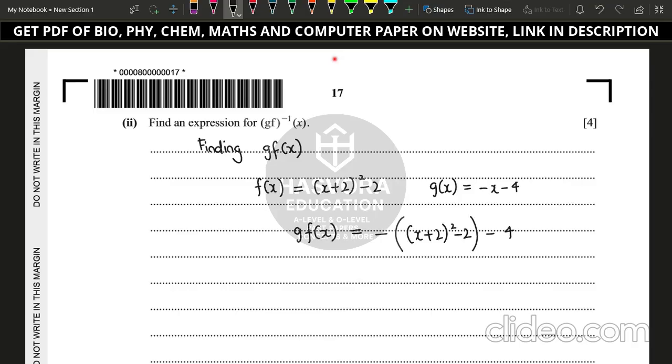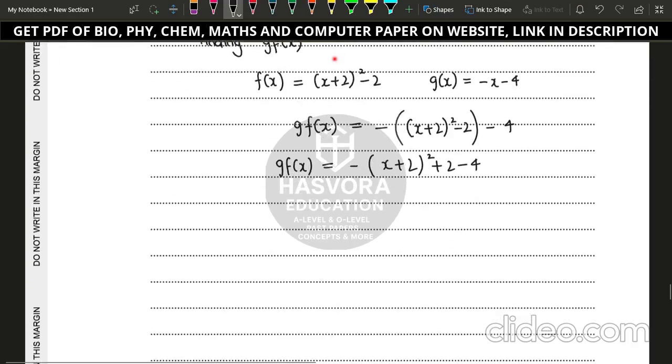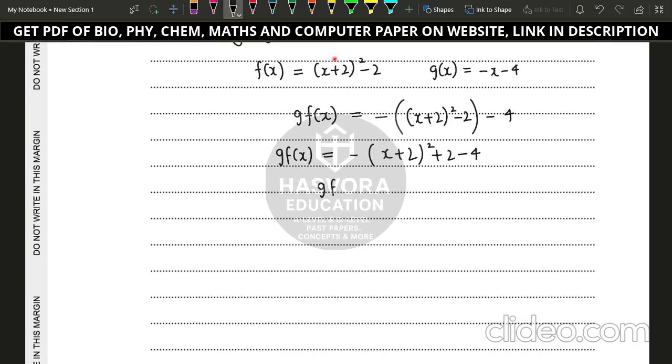Let's now open all of this up, so this will be minus (x plus 2) whole squared plus 2 minus 4. So gf of x is equal to minus (x plus 2) whole squared minus 2.